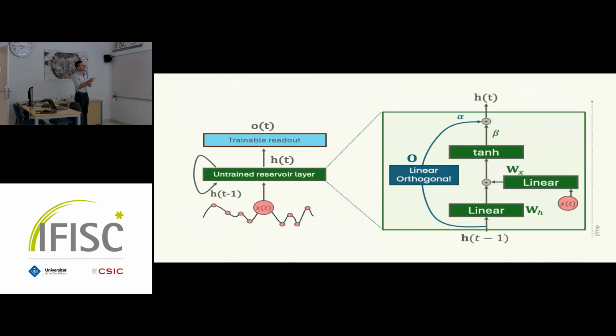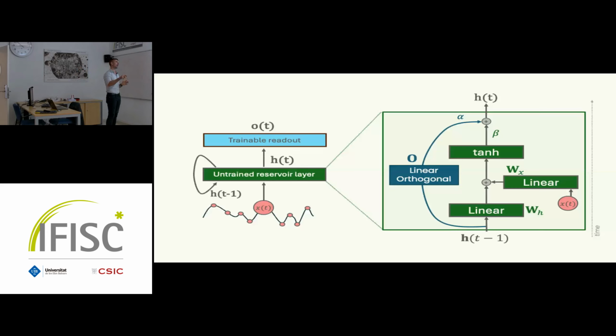On the left, you see again the same organization as a vanilla recurrent neural network, but inside the green box, the reservoir layer is a little bit more complicated, not a lot, just a little bit. So the green part is the computational graph of a conventional echo state network, the dissipative part.